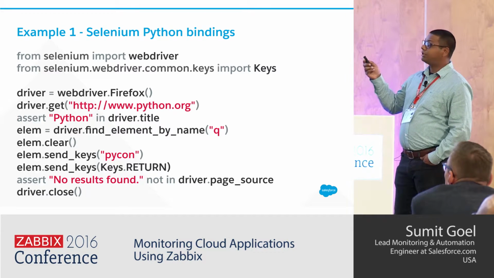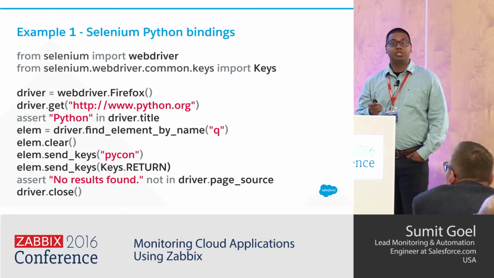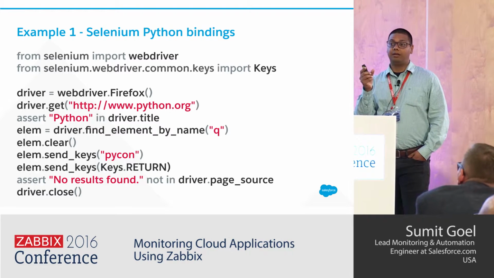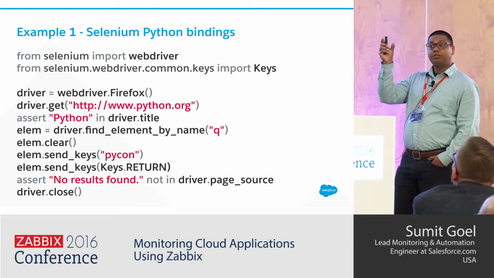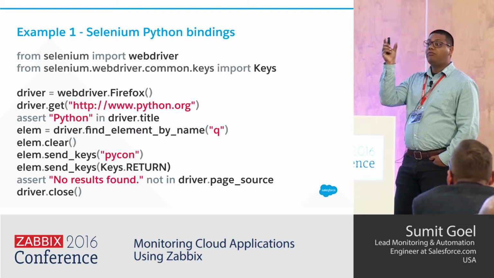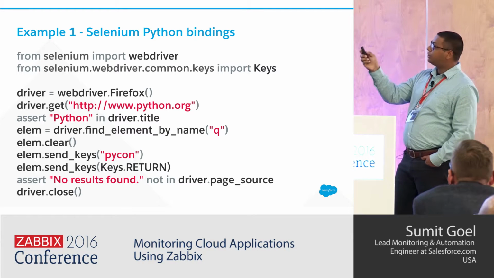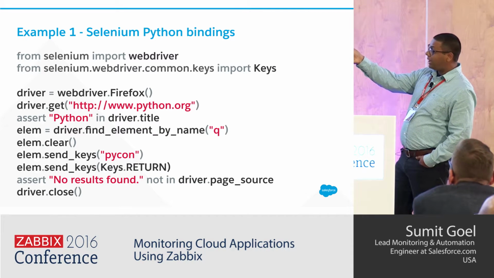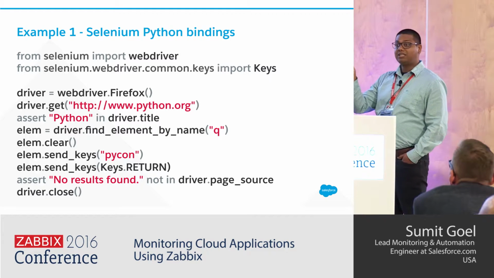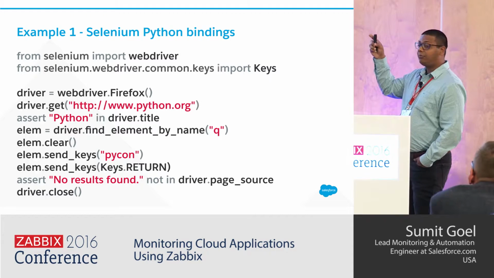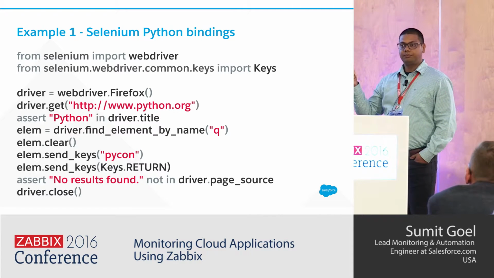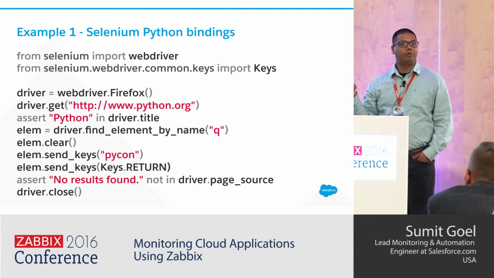Then it ensures the title of the website has the word Python in it, and it's all happening automatically. Then on the python.org website, there's a search box. It's going to find that search box, type PyCon as a search string, search, and hit enter. All of that is happening using this Selenium WebDrivers library.